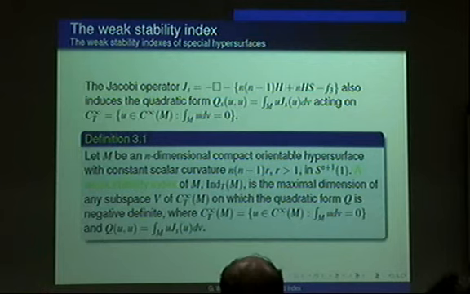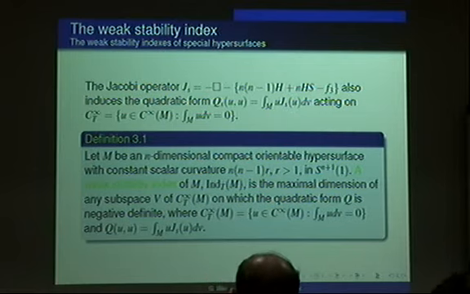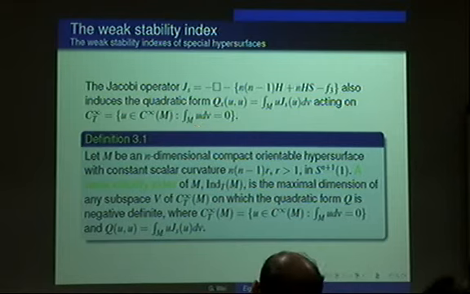Next I introduce the weak stability index, not the stability index, the weak stability index. The Jacobi operator also induces the quadratic form, but this quadratic form acts on this space, which is a subspace of the space of smooth functions on M. This space satisfies the integral of u equals 0.